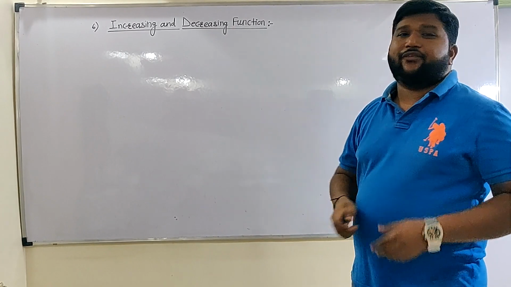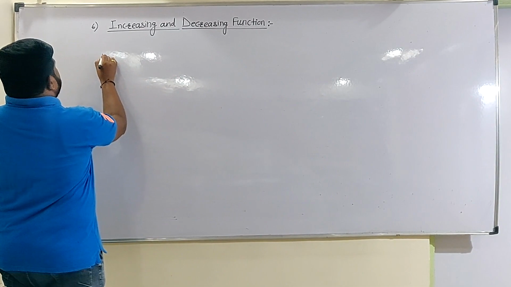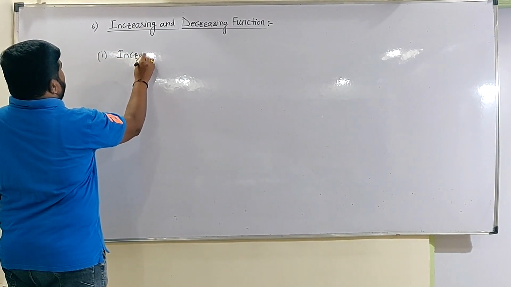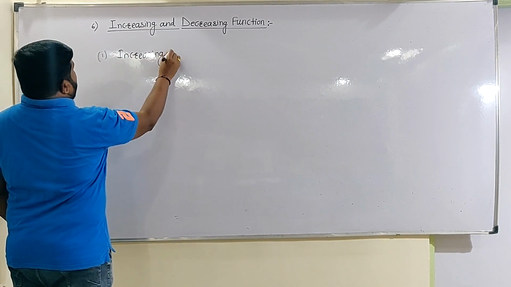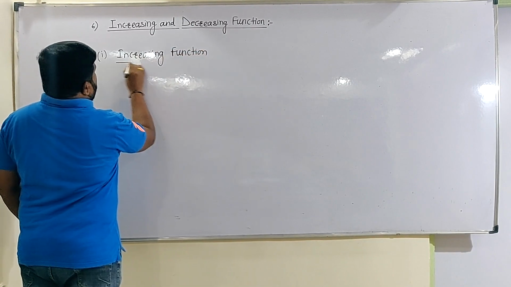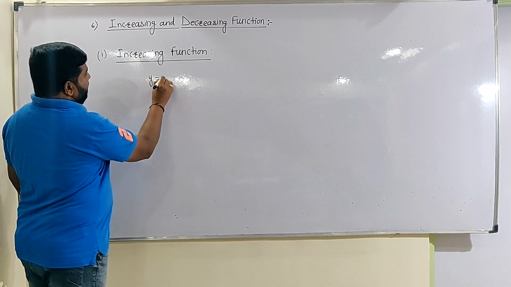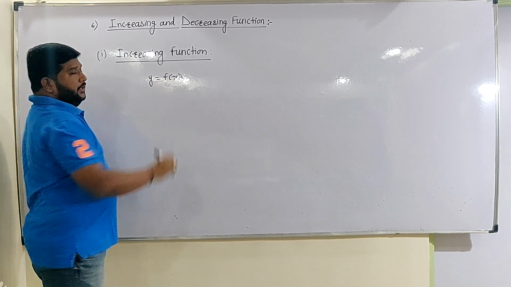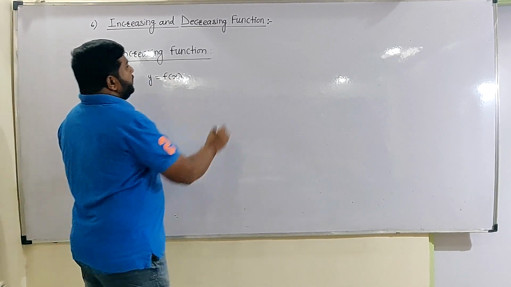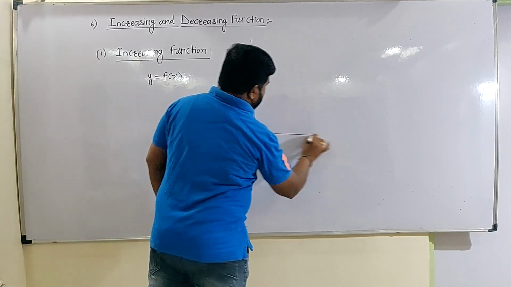So let us see the first one, the increasing function. Let y is equal to f of x be a differentiable function on its interval a comma b. See the graph.